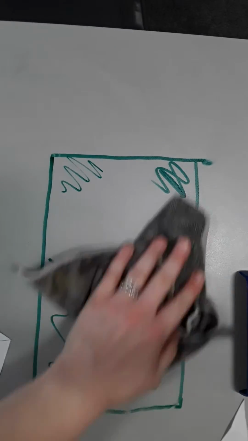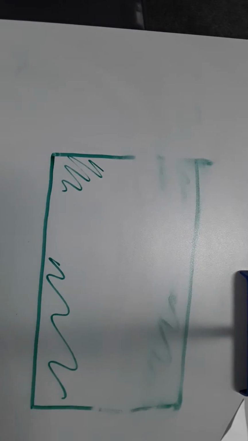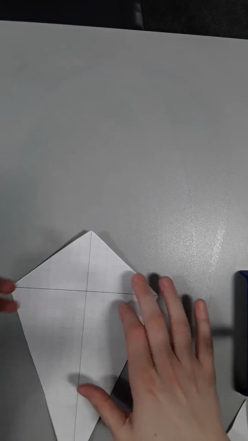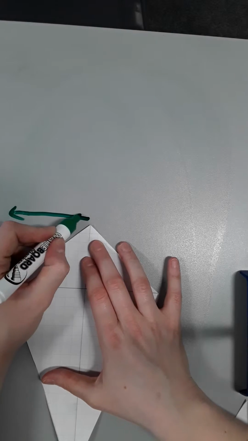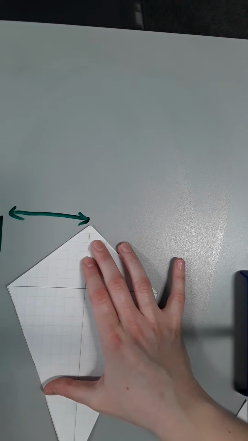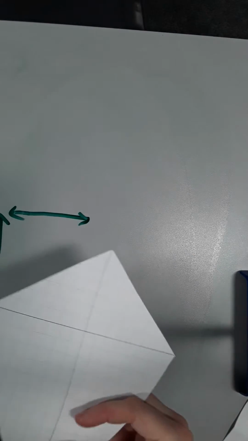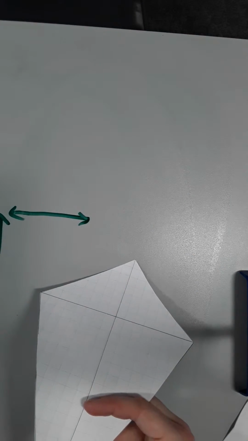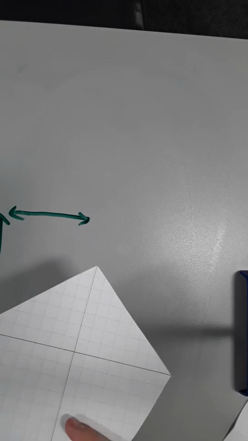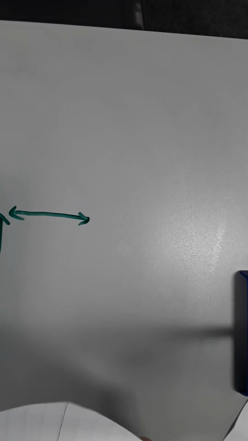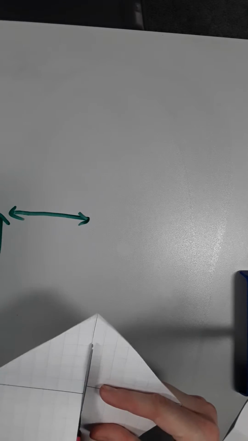The other way you can do it is to only measure half the width and the full height. By doing that, you're essentially just cutting this kite in half.